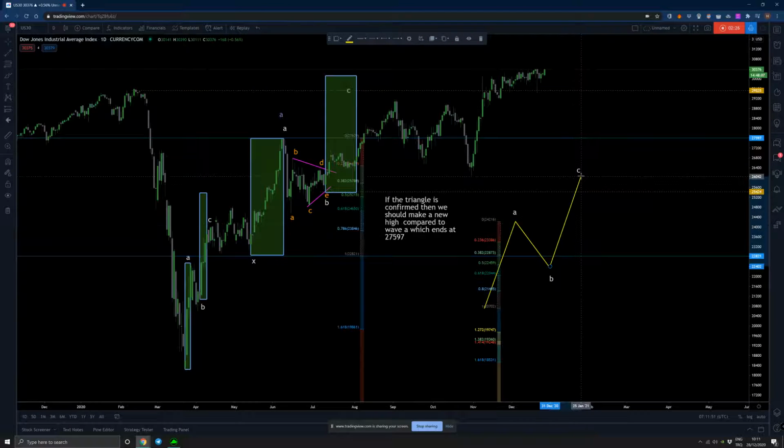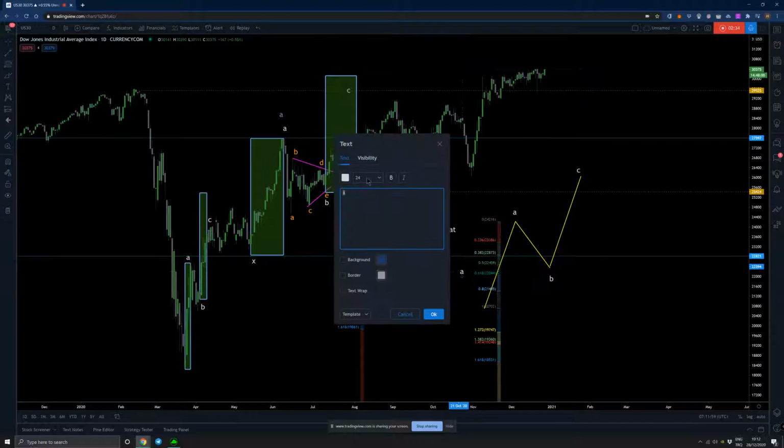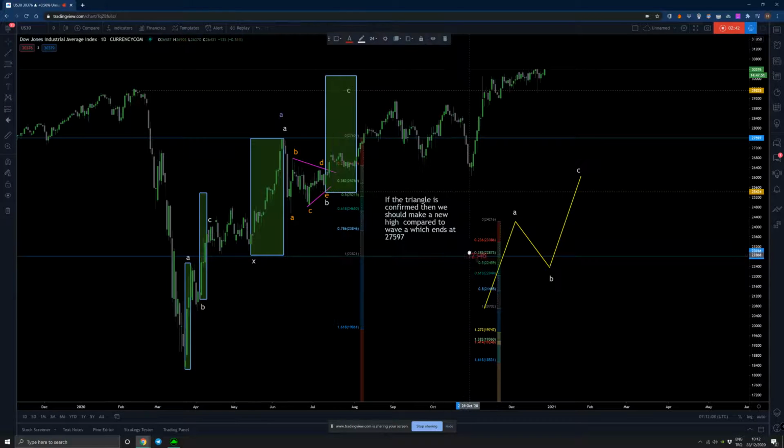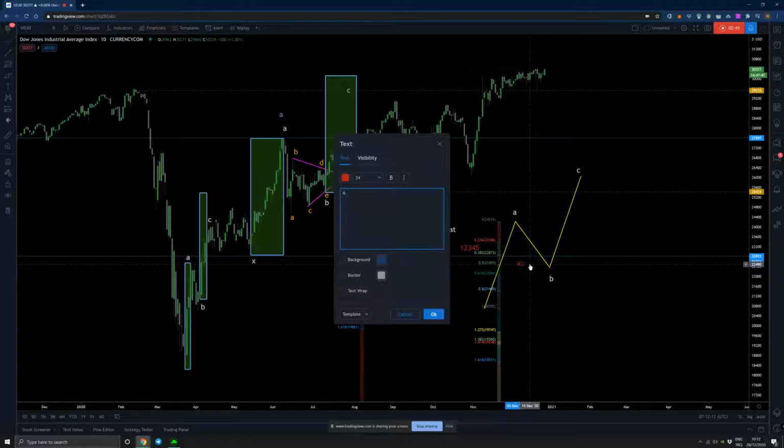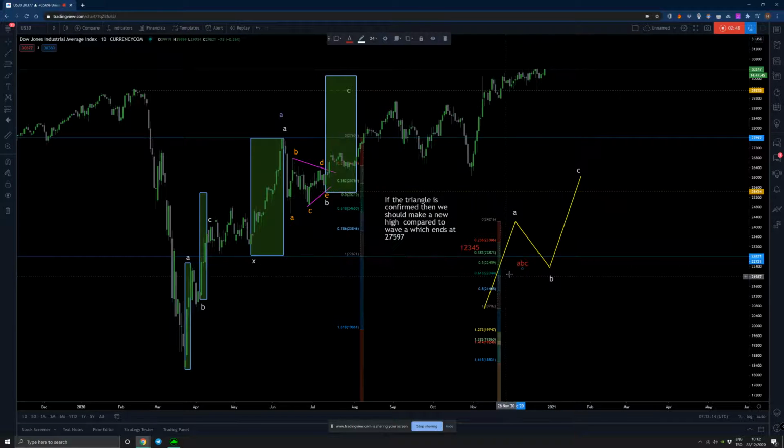Number one of the rules is that wave A and wave C have to be impulsive, by which I mean one degree lower. So in our case, let's make it in red, one degree lower. It should be 1, 2, 3, 4, 5 here. And for this B wave, ABC, which is a corrective wave, and the C wave again 1, 2, 3, 4, 5.